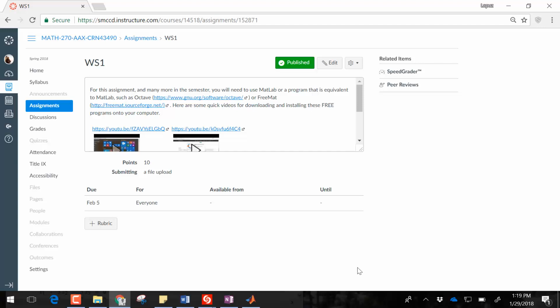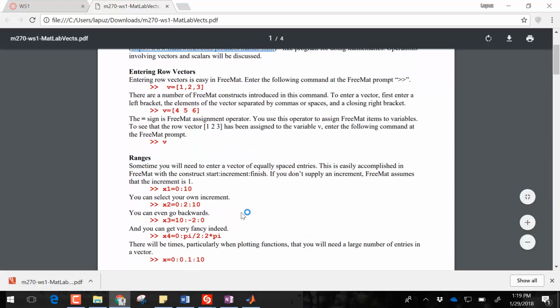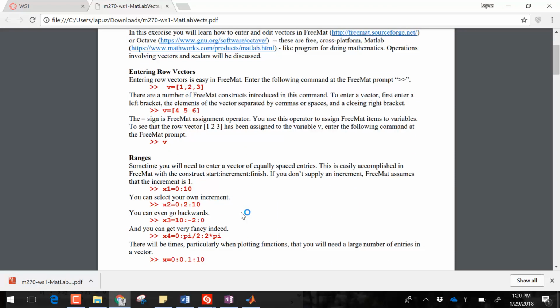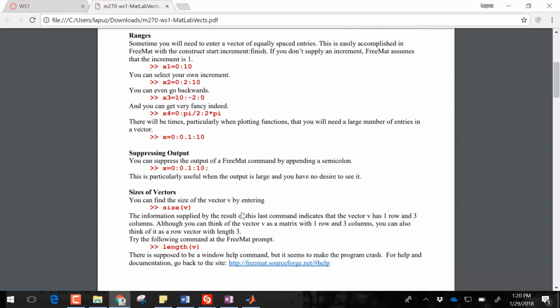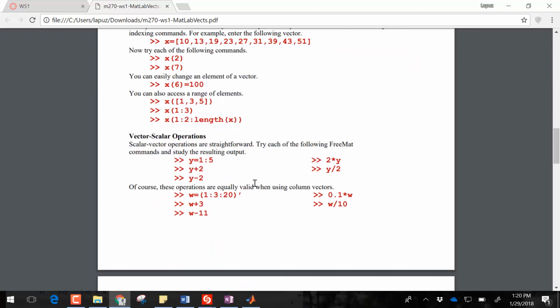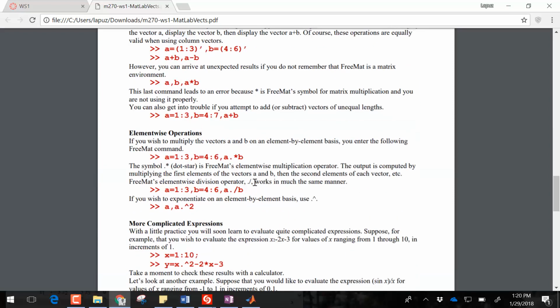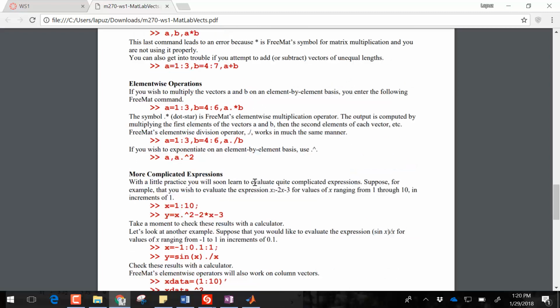The worksheet would give you some basic commands on how to write vectors and how to write matrices, how to figure out the size of things, and just a handful of commands that would get you started with being able to use MATLAB as a calculator for this particular class.